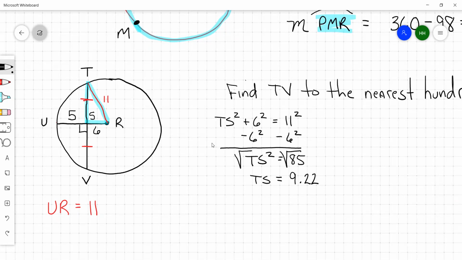So this T to S represents half of T to V. So if T to S is 9.22, then T to V is equal to 9.22 times 2, so 18.44.